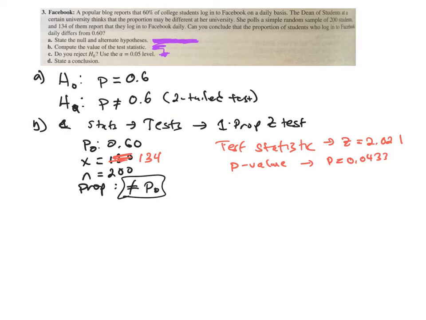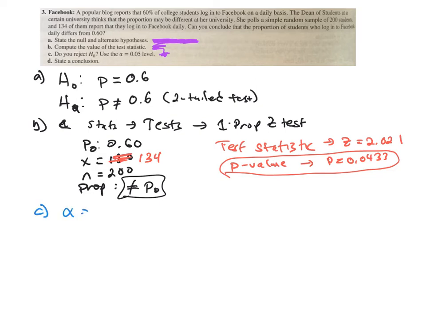Okay? So my test statistic is 2.02, but the p-value is the thing that I am going to use to calculate whether I accept or reject based upon my level of significance.